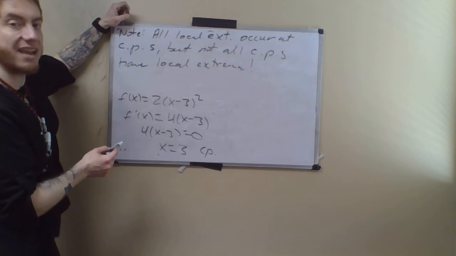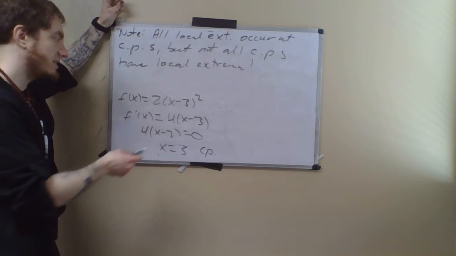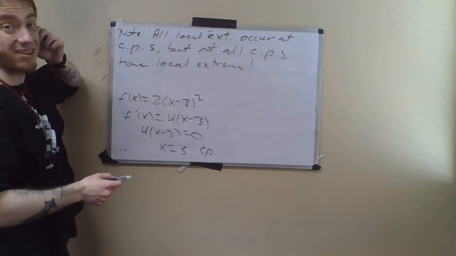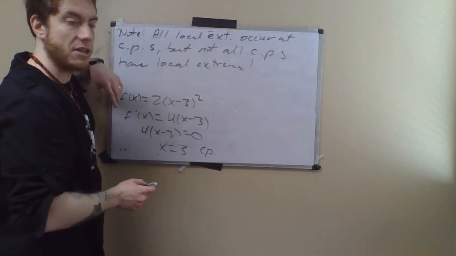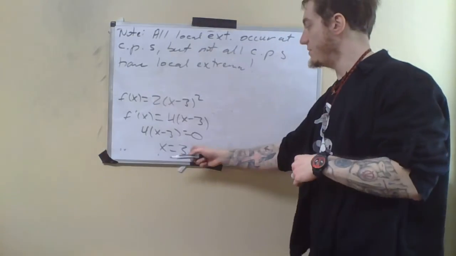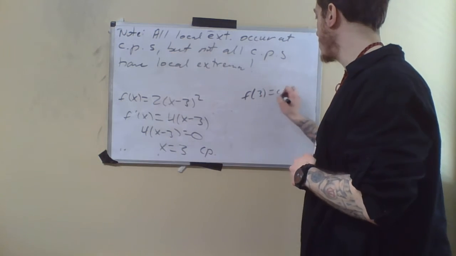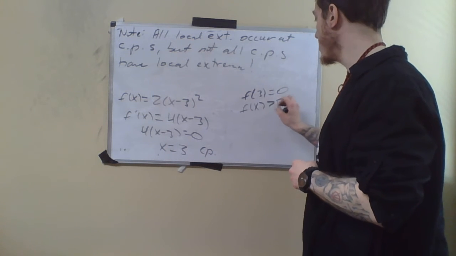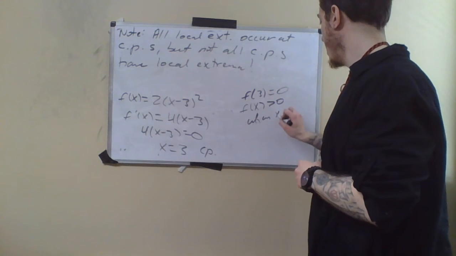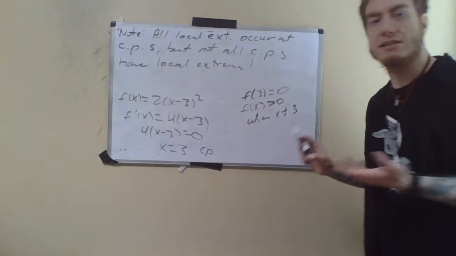And this is, in fact, a local minimum, as we can check pretty quickly. We can see that this has to be a local minimum because, amongst other things, we know that this is a parabola, and therefore on either side, we can see that f of 3 is equal to 0, and f of x is bigger than 0 when x is not equal to 3. So actually, we can see that this is a local minimum.